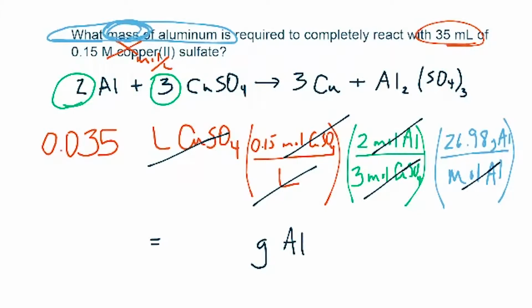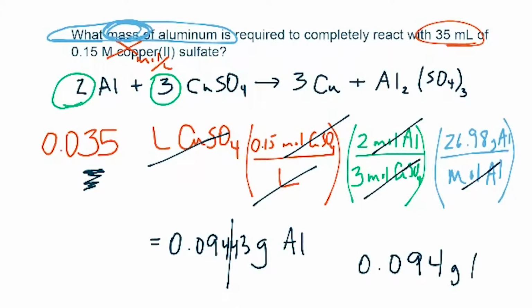When I put this in the calculator it says 0.09443 grams of aluminum, but I only have 2 digits in my numbers. So I only have 2 digits in my answer. So my final answer is 0.094 grams of aluminum.